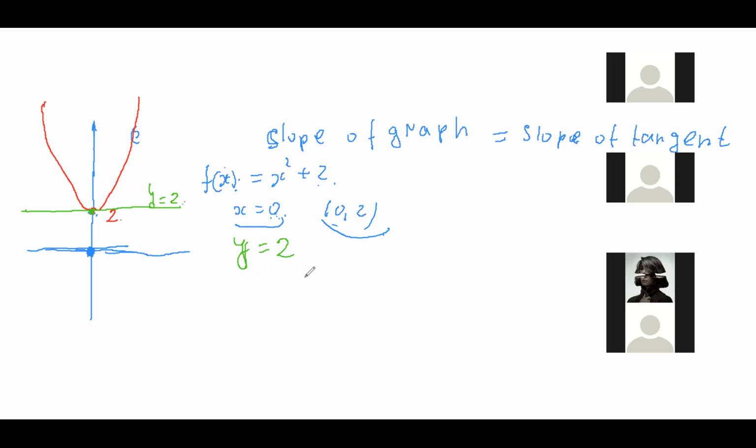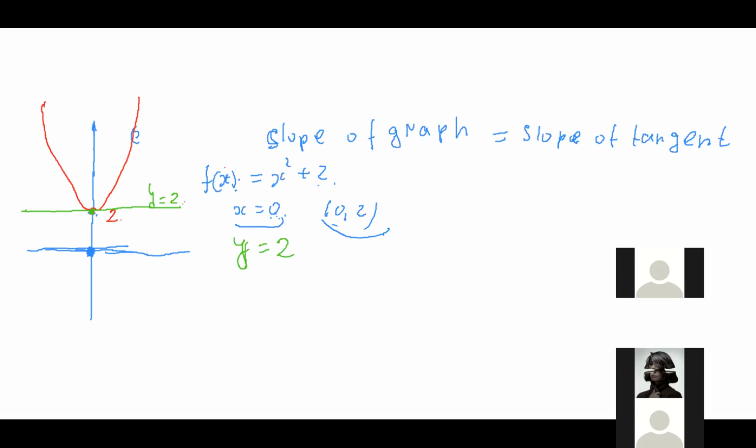It's absolutely enough explanation. It's a horizontal line. So we agreed that the slope of the tangent line is 0.